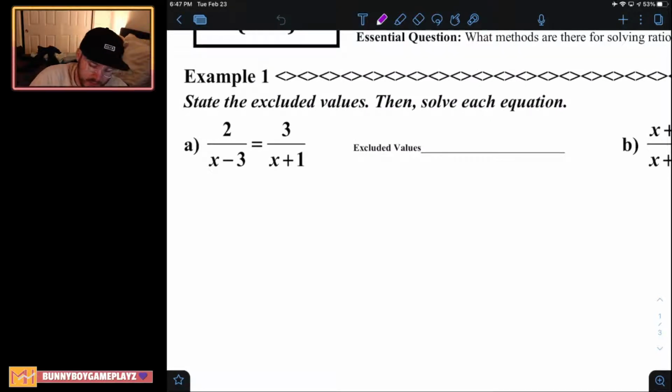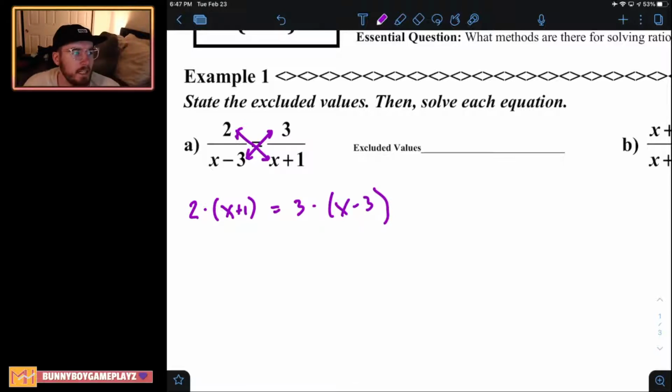That's just the idea of taking the numerator times the denominator of the other, and the numerator times the denominator of the other. When you cross multiply, we're doing 2 times x plus 1 equals 3 times x minus 3.